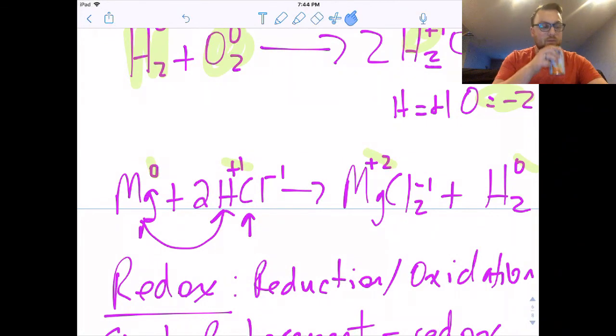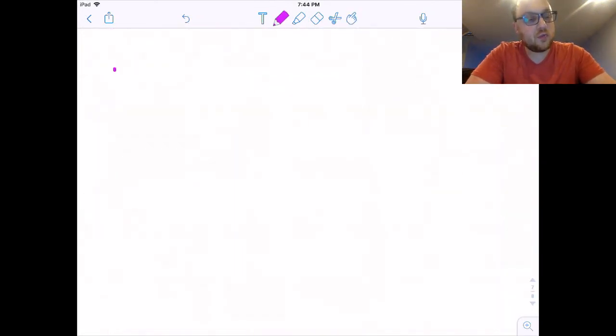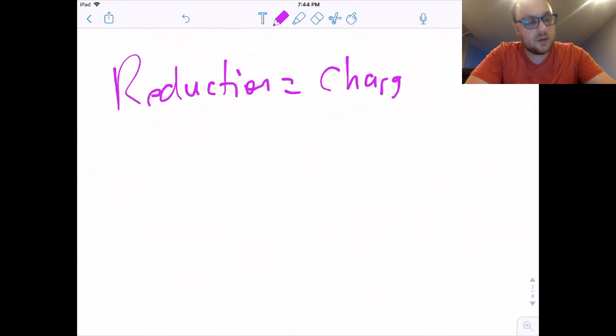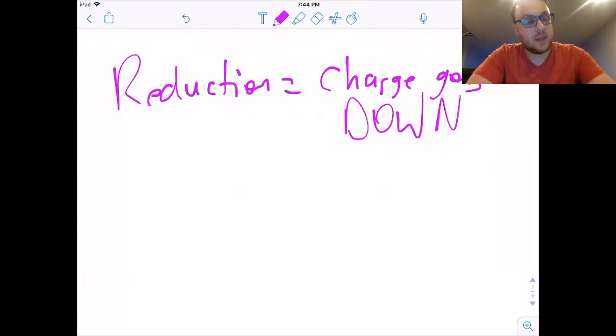What is oxidation and reduction? Reduction equals charge goes down. So, an example would be, actually, I don't want to do Mg.